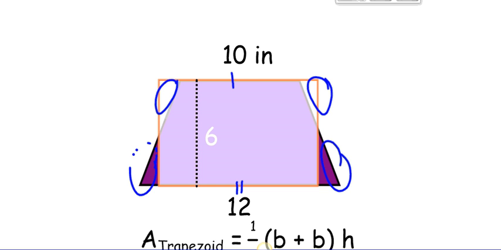And so in the end, if I take this base plus this base and then divide by 2, I've created an average that allows me to multiply by this height and solve.